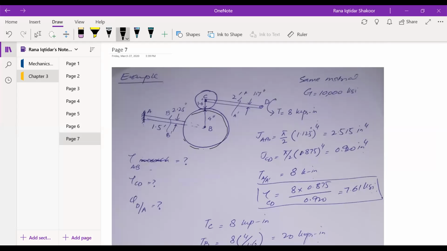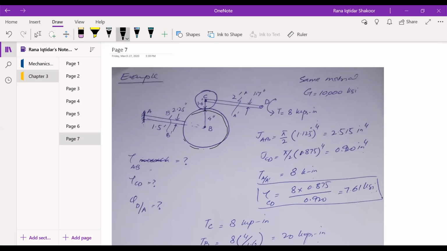The diameter of this is 2.25 inches and the length is 1.5 feet, and it is attached with gear B. This gear B is attached with gear C, and this gear C is then attached with this shaft CD, and a torque of 8 kips per inch is being applied at point D. Diameters are given, lengths are given.